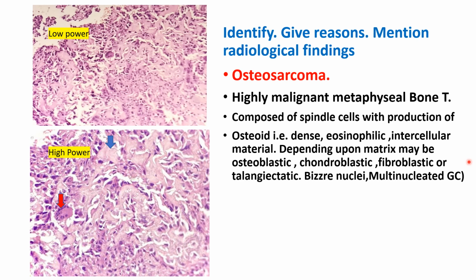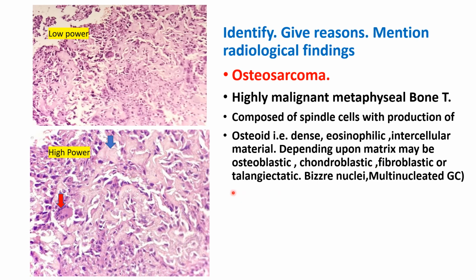This is composed of spindle cells with production of osteoid, which is a dense eosinophilic intercellular material, and depending upon the matrix it may be osteoblastic, chondroblastic, fibroblastic or telangiectatic. If you have a question in theory, you have to write this, because if the stroma of osteosarcoma shows predominantly chondroid differentiation, it is known as chondroblastic osteosarcoma.